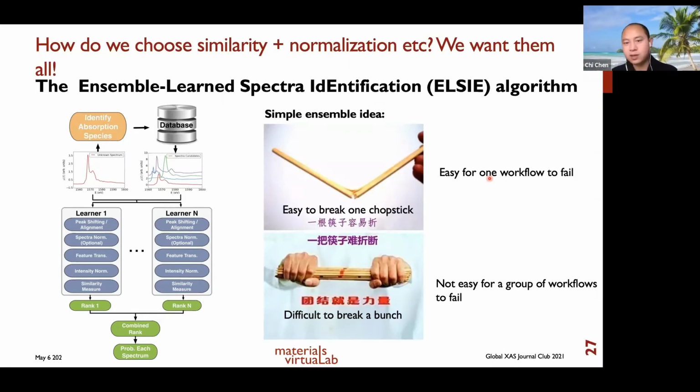The idea is quite simple. When you have one chopstick, you can easily break it, right? But when you have lots of chopsticks, you cannot really break them with your bare hands. So the idea of the ensemble method is that when you have one workflow, where you choose one specific similarity, one normalization method, and one transformation, you can easily miss some of the important features.